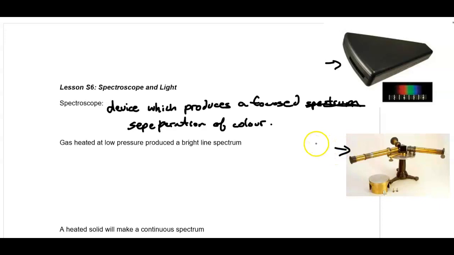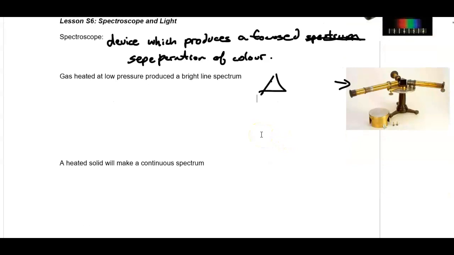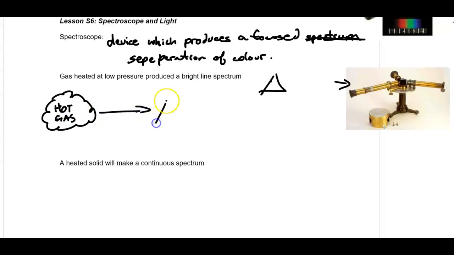Now they come in a wide variety. A couple of examples are here and here. The most common one that we're going to see in many of these diagrams is just a triangular prism. Now a gas heated at low pressure, so if we've got a hot gas here, light's going to come through, and it's going to produce what we call a bright line spectrum.